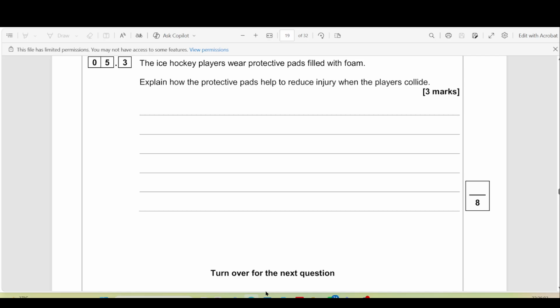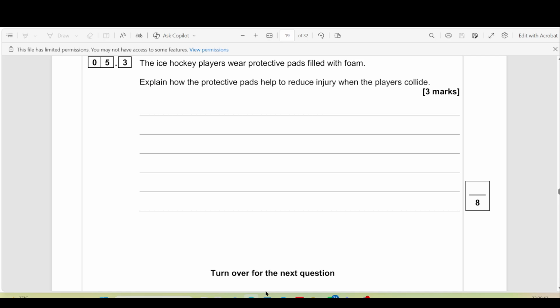When players collide, the pads help absorb the impact delivered to both when colliding, meaning less force is put on the players.